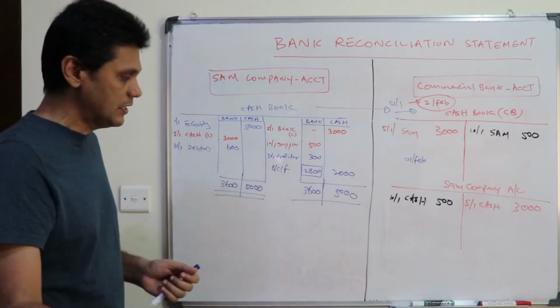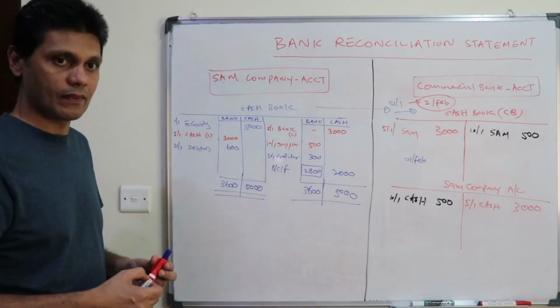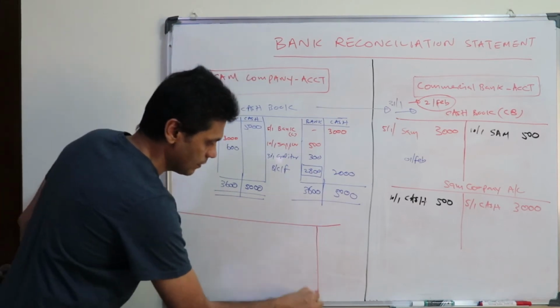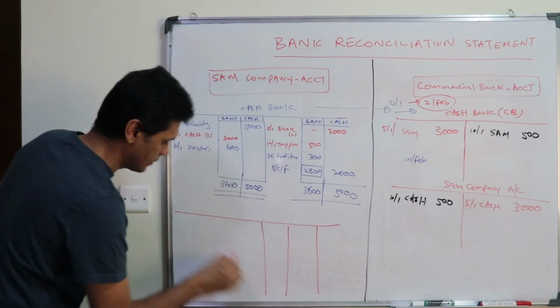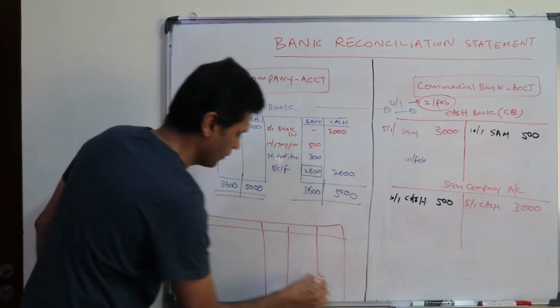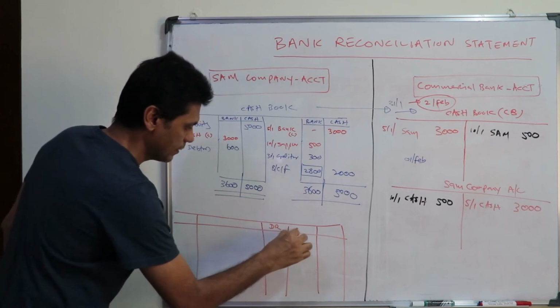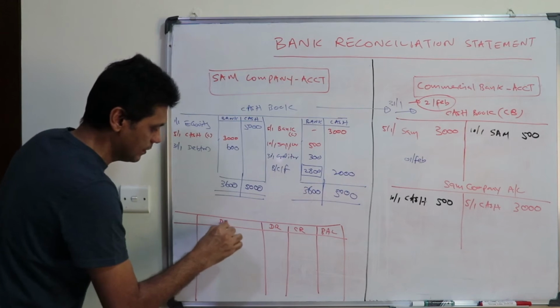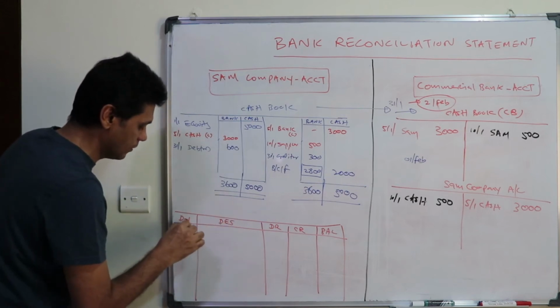Now we are receiving the bank statement. So this is the bank statement. You know the format. So we have 3 columns: debit, credit and the balance. And this is the description column, this is the date column.